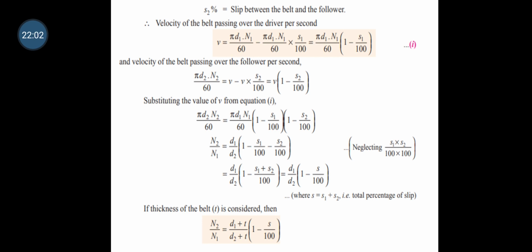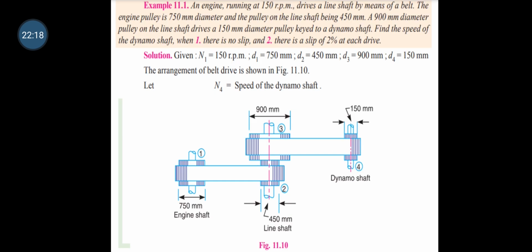Next we are going to see the exercise in belt drives. Exercise number 1. An engine running at 150 rpm drives a line shaft by means of a belt.